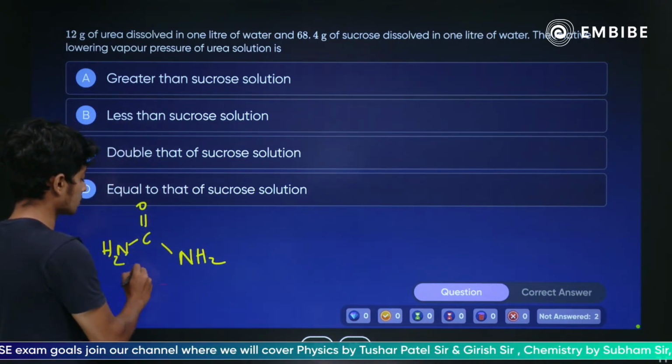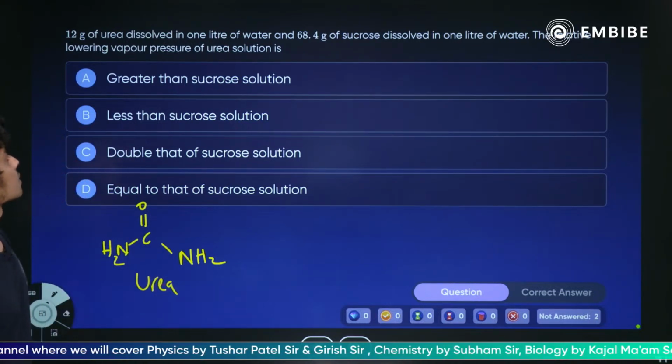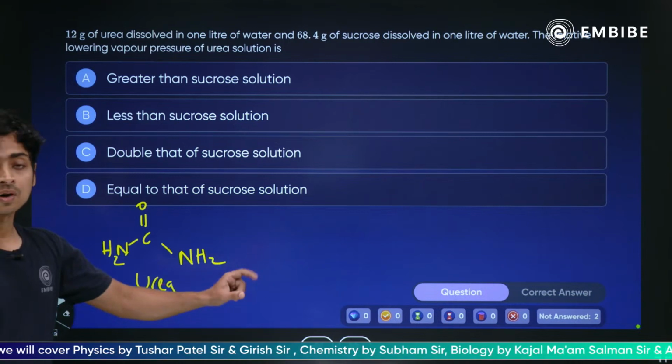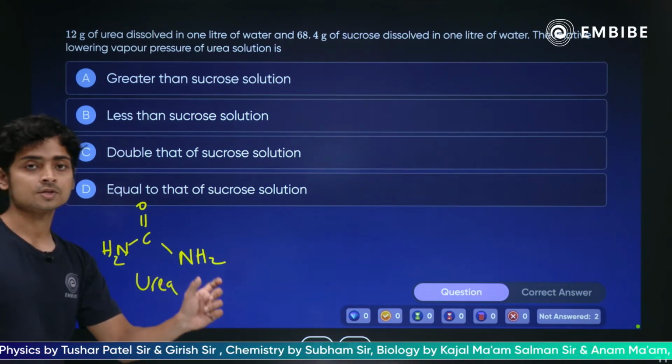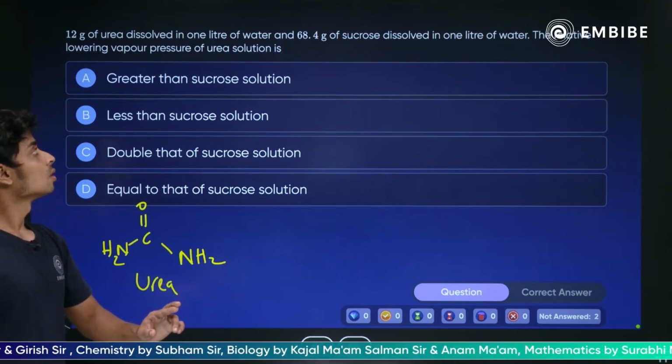Okay, this is your urea. You have to calculate the relative lowering of vapor pressure of urea. So you have to find that ratio, not the lowering of vapor pressure. Lowering of vapor pressure is the delta. Relative lowering is the ratio.